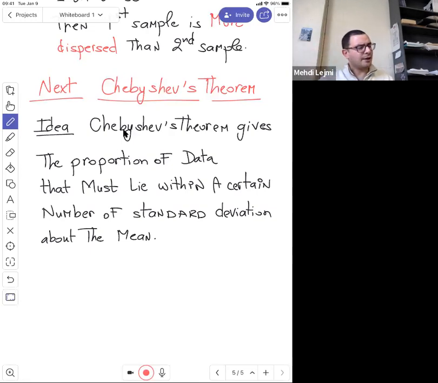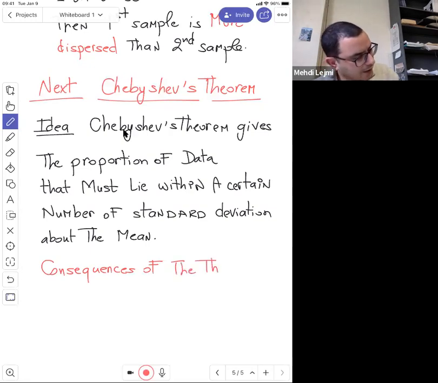Before the theorem, I'm going to start with the consequences of the theorem. So the idea is the following. We're going to have some consequences from this theorem, and I'm going to discuss the consequences of Chebyshev's theorem, and then I will write down the theorem.